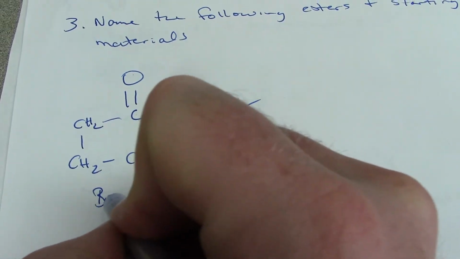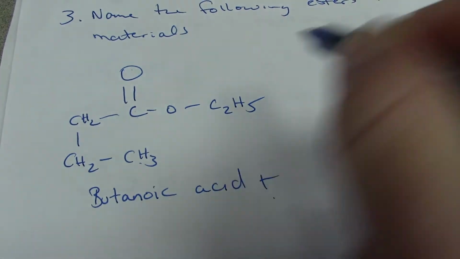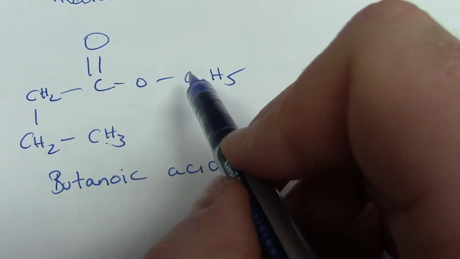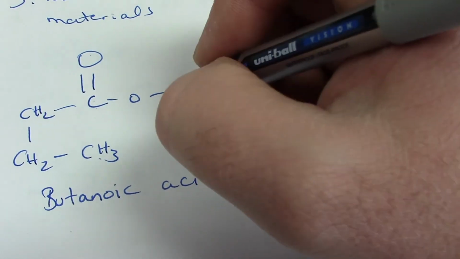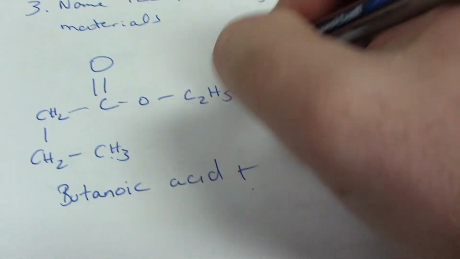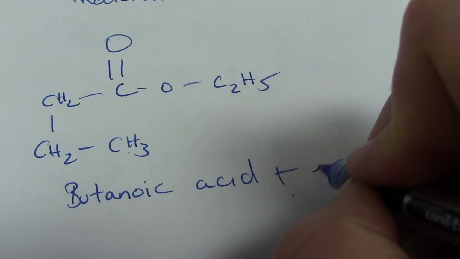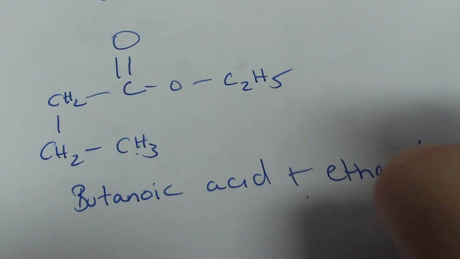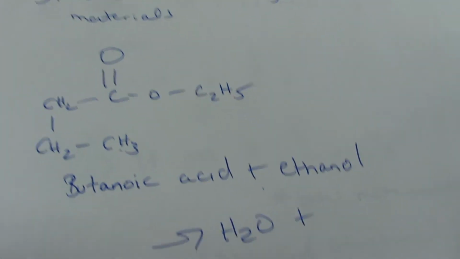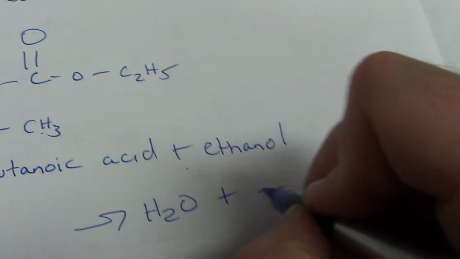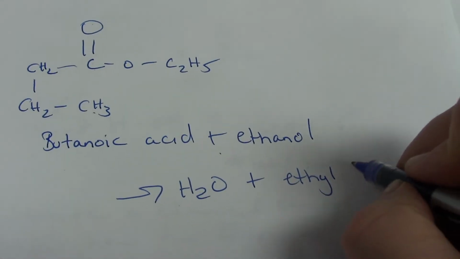That is butanoic acid. And then this is C2H5, right? So that's two carbons. There's 1 hydrogen attached to the oxygen, so there's 5 other open bonding spots for hydrogen. So the 2 carbons is ethanol. Right, I'm going to make water, and the name of this molecule is ethyl butanoate.